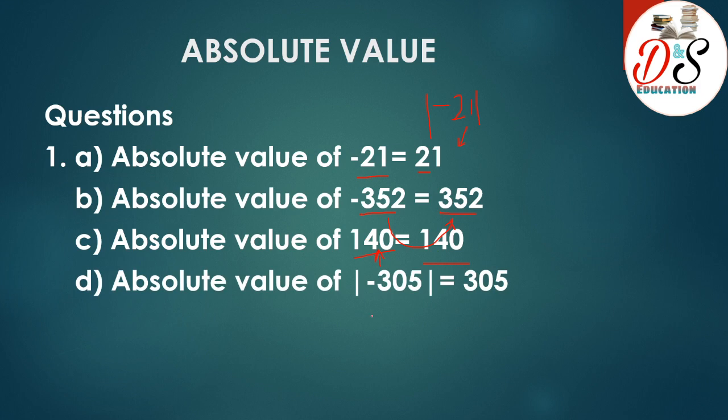Now the absolute value of -305. Already this 305 is placed in the bar symbol. Now when we remove this bar symbol, we get +305 as the absolute value of -305. Okay, that's it for the questions on absolute value.